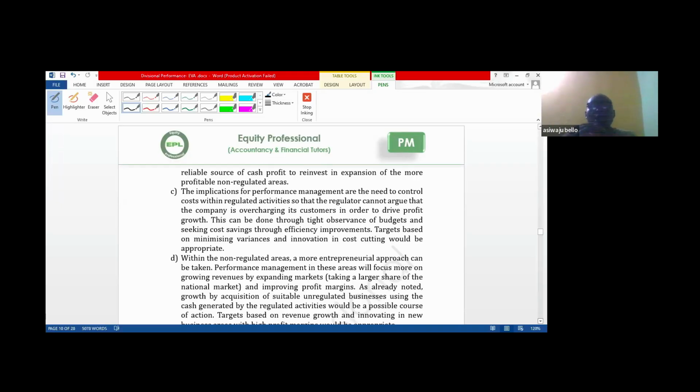Number 4, within the non-regulated areas, a more entrepreneurial approach can be taken.